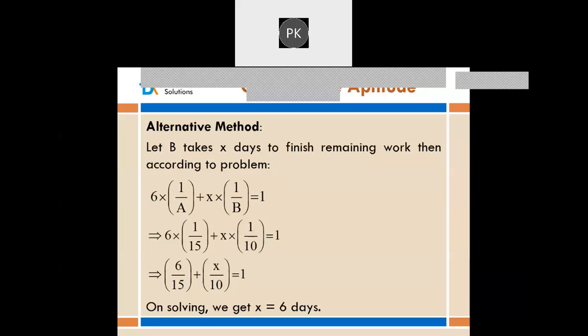Make it fast, guys. Once you finish, let me know.